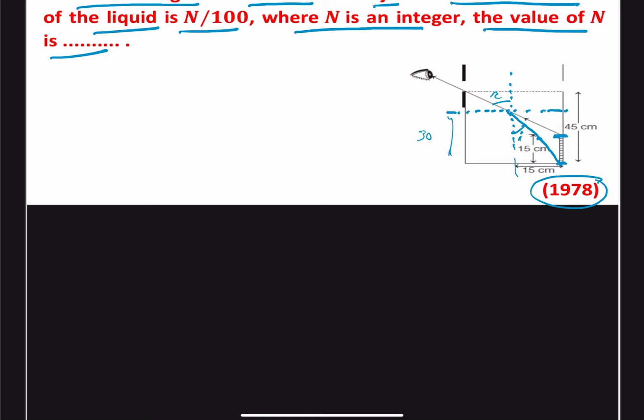We are given the total height is 45, this is 30, and this is 15, and therefore this height will also be 15 centimeter. So this is 15 and this is 15, so this angle will be 45 degree. So this is the basic diagram.